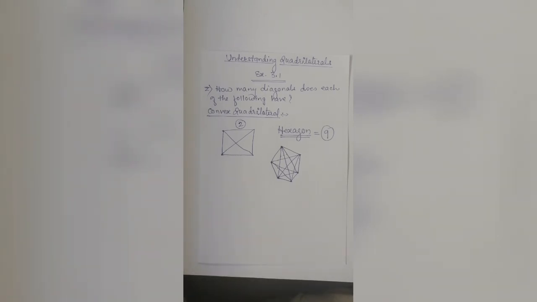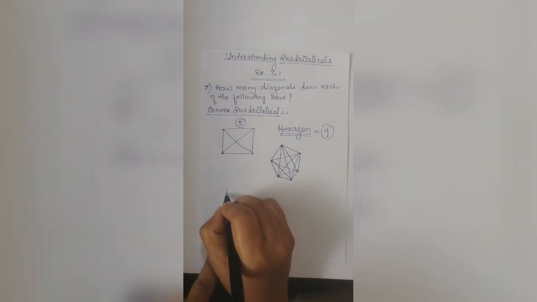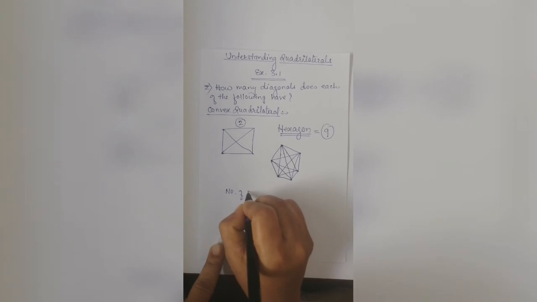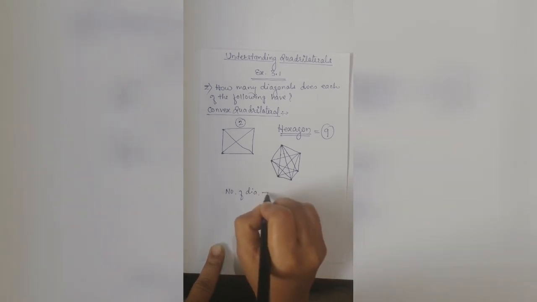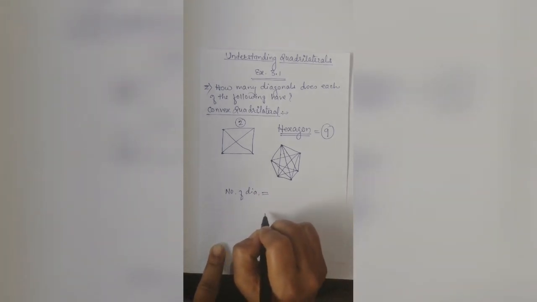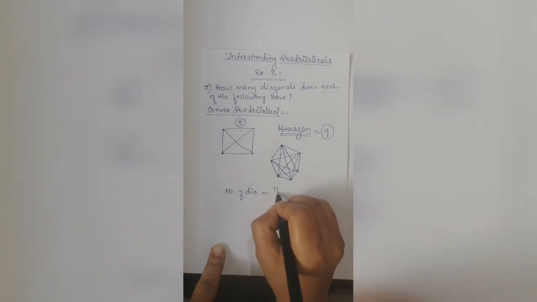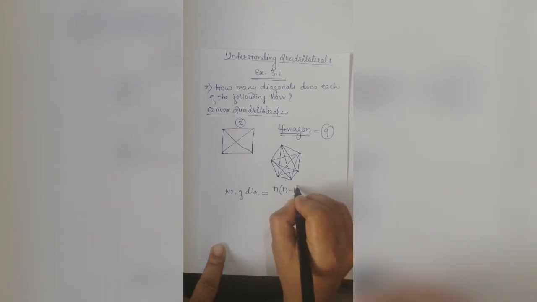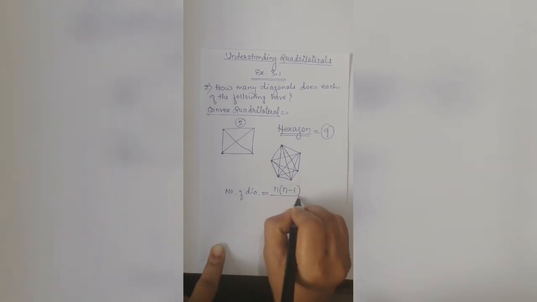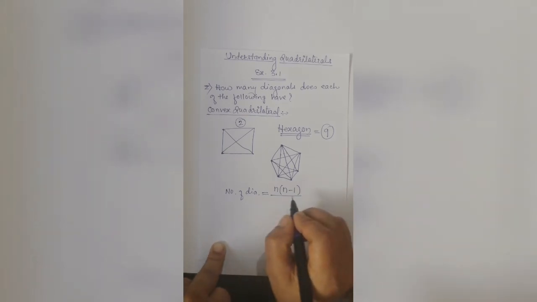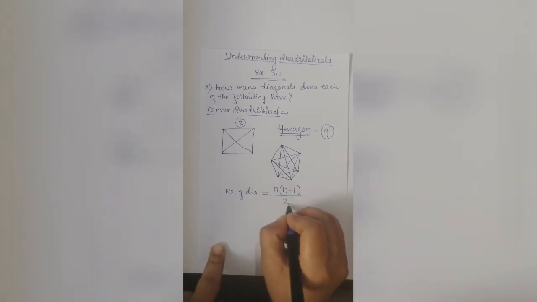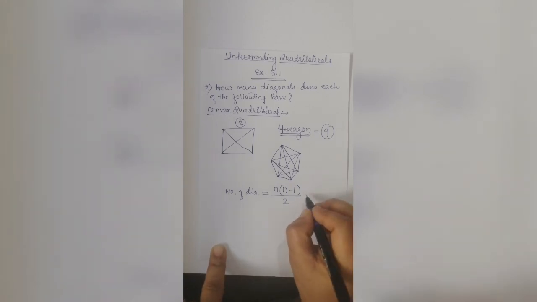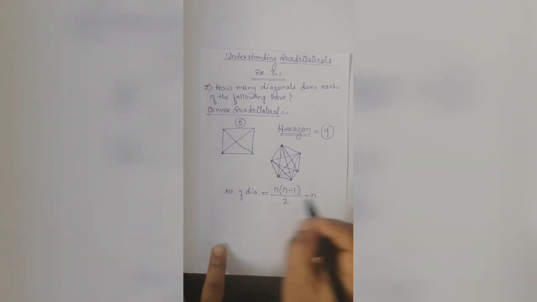But to find the number of diagonals there is a formula: number of diagonals is equal to n into bracket n minus 1, divided by 2, minus n.